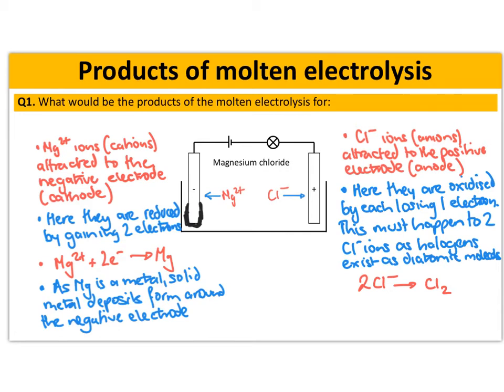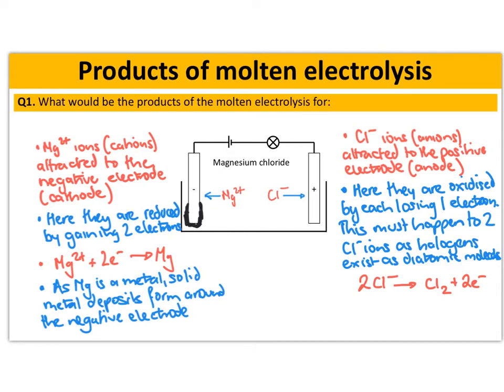At the moment we have 2 1- ions on the left, so that's a total of -2. And then on the right, it's an element, so it has no overall charge. So we need to make that also -2. And don't forget that each chloride ion was losing 1 electron, so we show that by writing 2e- there on the right. So our half equation is 2Cl- goes to Cl2 plus 2e-.